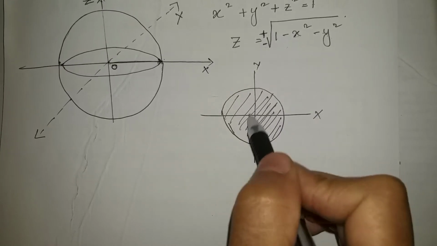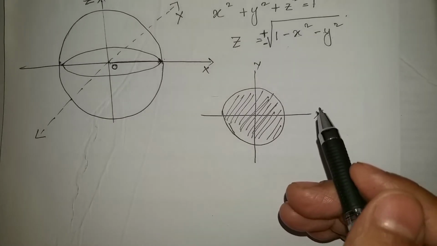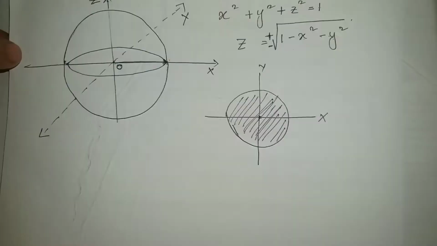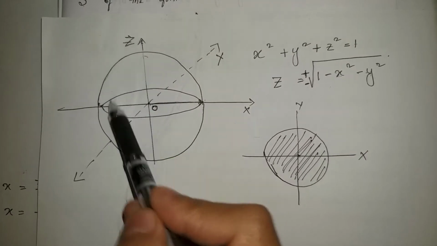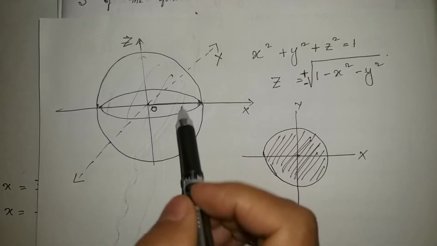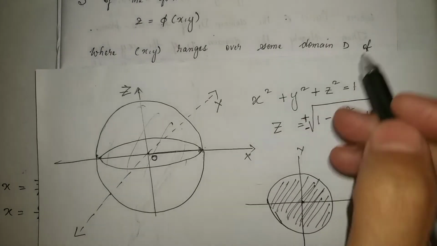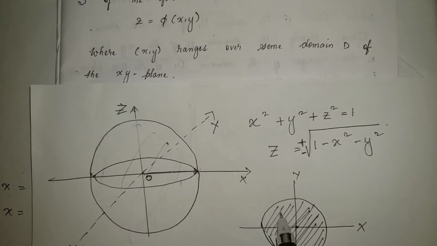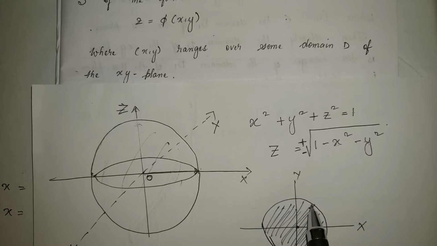It contains the whole part of the circle, so we will call it a disk. So what is our S? Our S is a unit sphere, and our D, which is the domain in the xy plane, will be this disk, a unit disk in the xy plane.